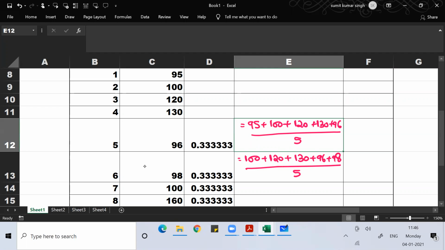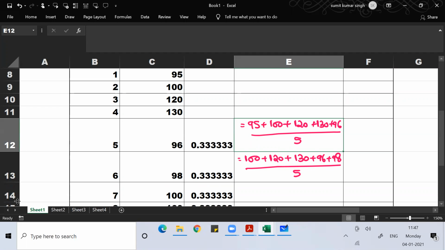I hope you are getting the logic. Then for the third day, the simple moving average would be 120 plus 130 plus 96 plus 98 plus 100 divided by 5.